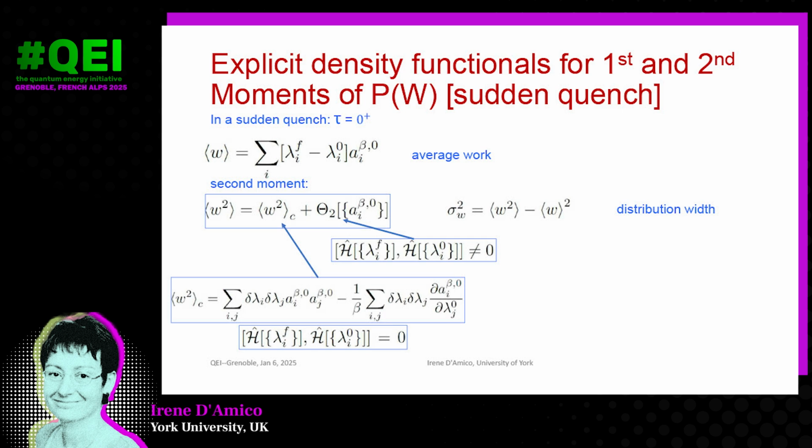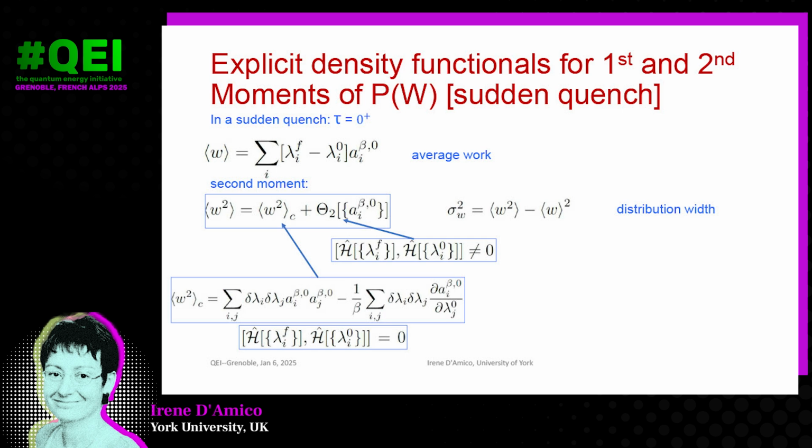We have two contributions. The first contribution, here it is, corresponds to the contribution we have in the case in which the initial and final Hamiltonian, so at the beginning and at the end of the quench, commute. And this is the explicit form for it that we can use.